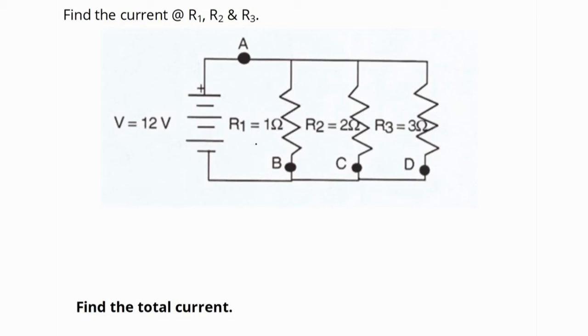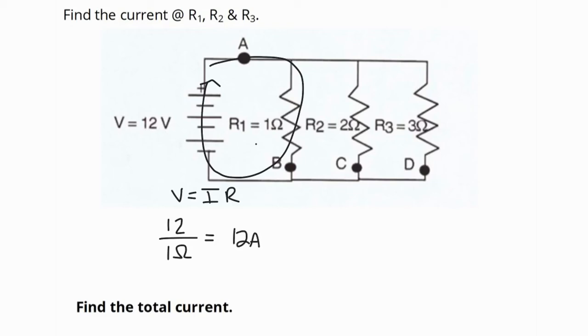If I want to look just for R1, I have V is equal to IR across this first circuit here. My voltage is going to be 12 volts. It's going to be the same voltage across all of these resistors. Divided by my 1 ohm gives me a current of 12 amps.